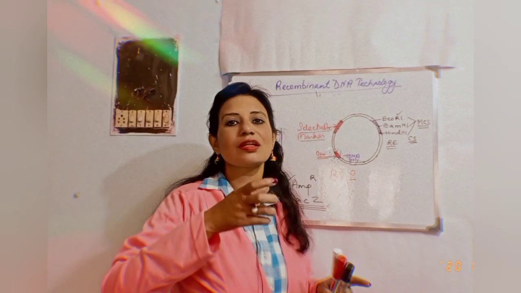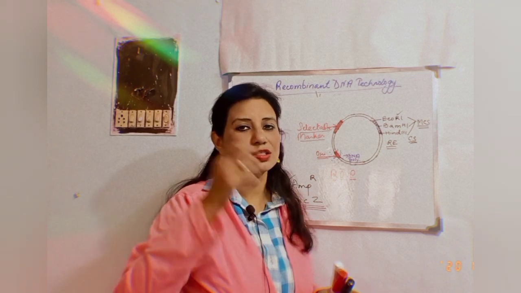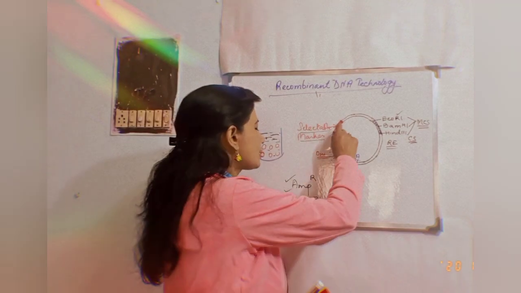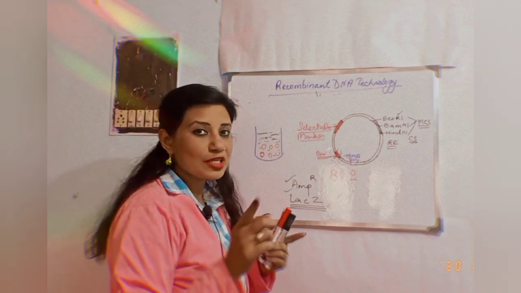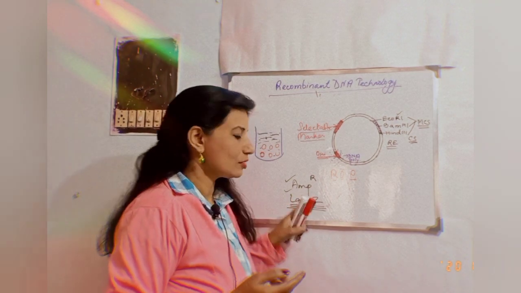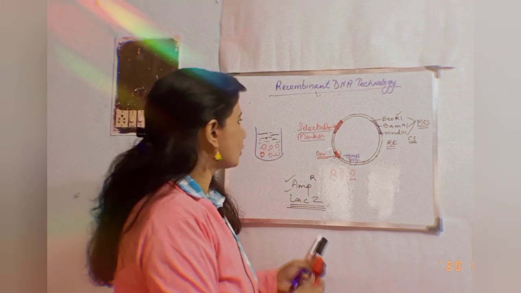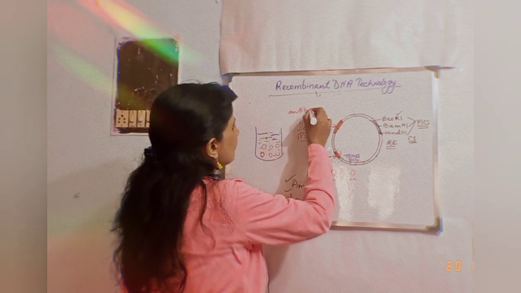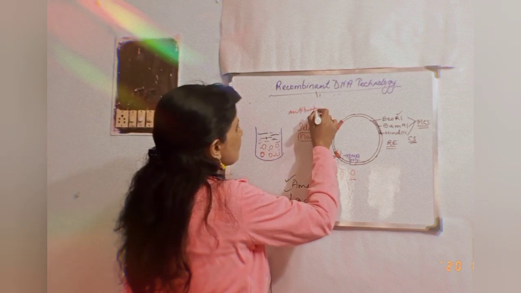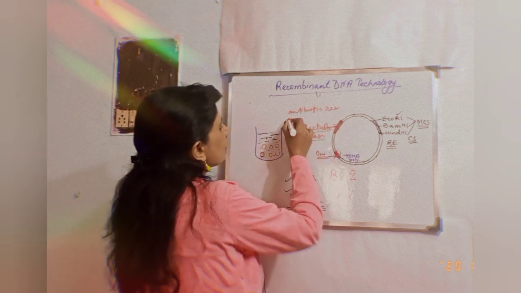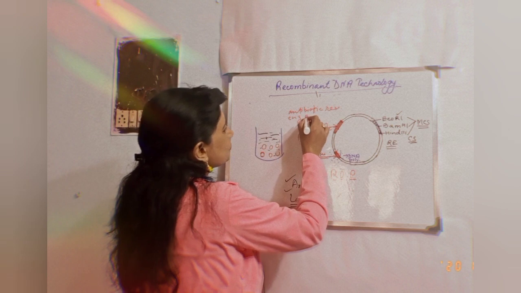The selectable marker region is a large stretch of nucleotide sequence present in the vector, and this region carries either an antibiotic resistance gene, let me write it down so that you can note it in your copies, or otherwise an enzyme producing gene.